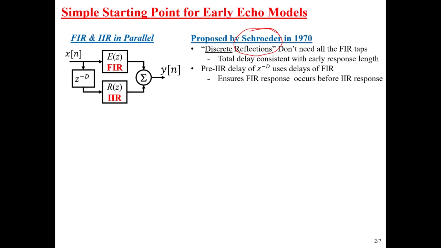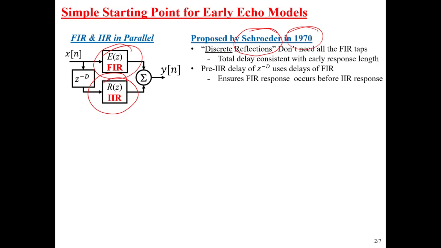And then it wasn't until 7 or 8 years later that he wrote a paper where he addressed the early echo model. So whatever goes in here is what we'll talk about in the next 2 sets of notes. We're really focusing on what goes in here to handle the early echo.